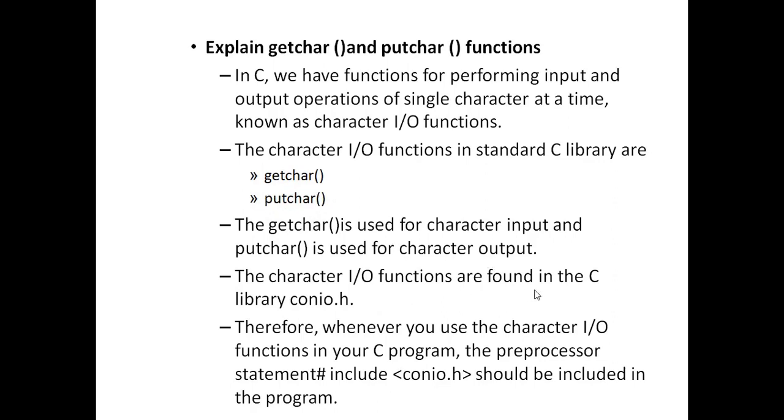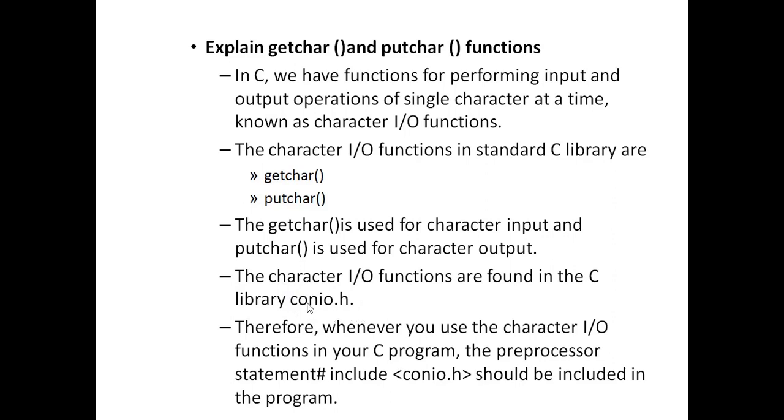The character IO functions are found in the C library conio.h, the console input output header file.